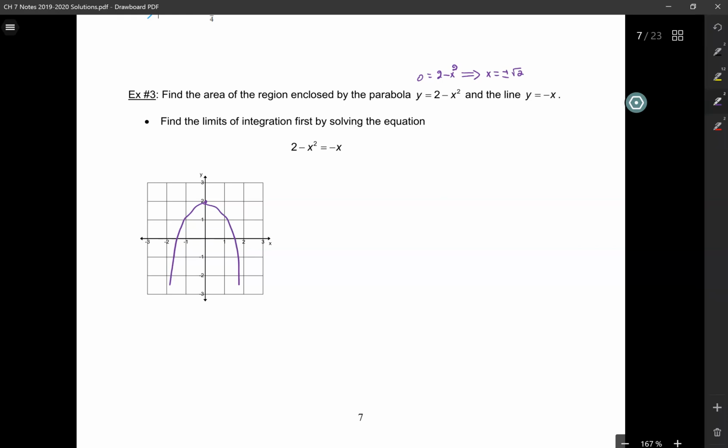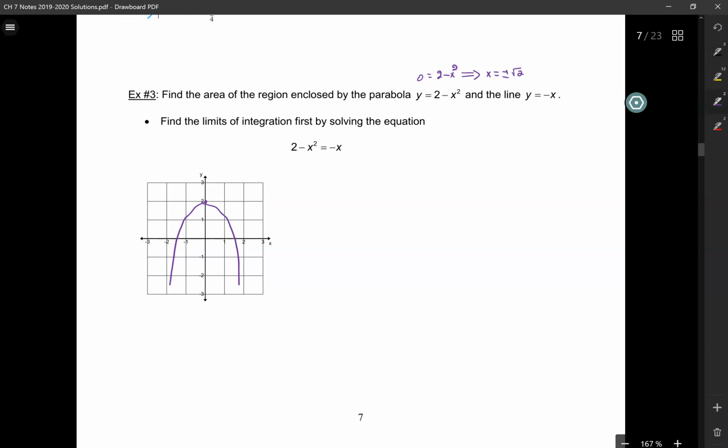Now, I need to draw y equals negative x, but I need to get the intersection points correctly. So let's figure out, where do they intersect? First, find the limits of integration by solving this equation. You need to figure out where the two of them intersect. So you say, 2 minus x squared equals negative x.